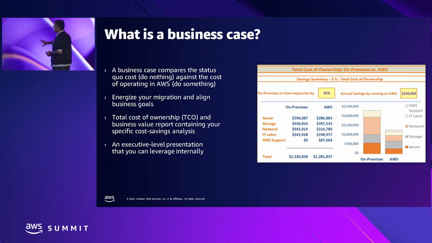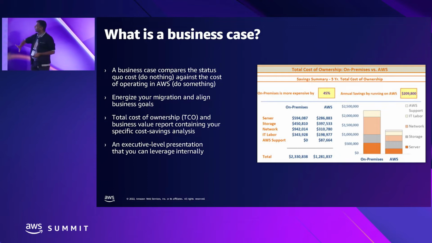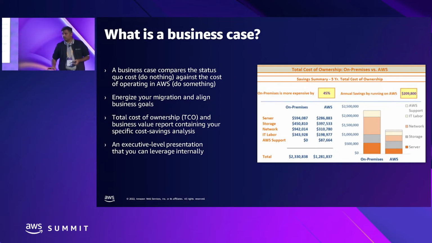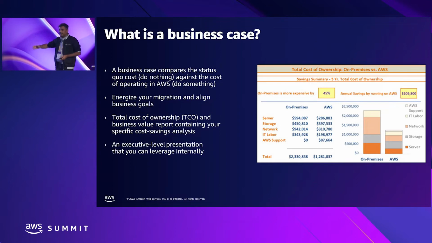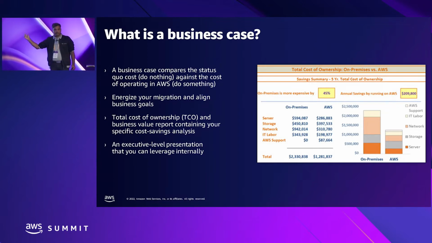If you see here, this is one of the customers, an anonymous customer, 5 years total cost of ownership summary, which talks about a comparison of cost of on-premise against AWS in categories like server, storage, network, IT labor, AWS support.